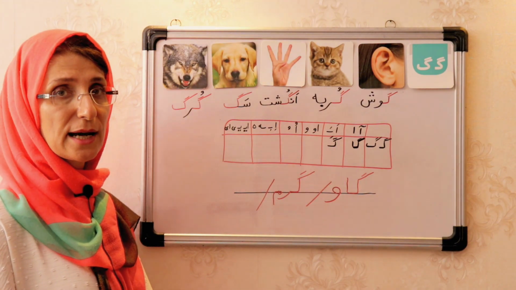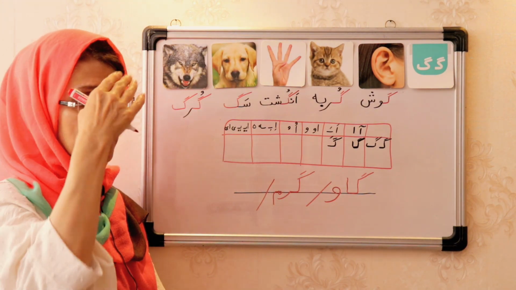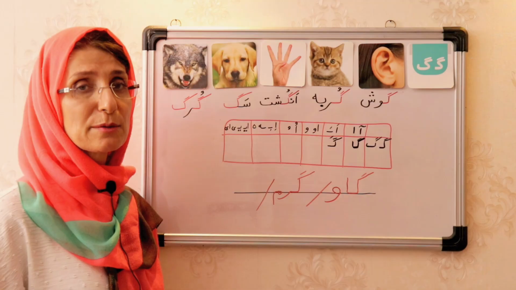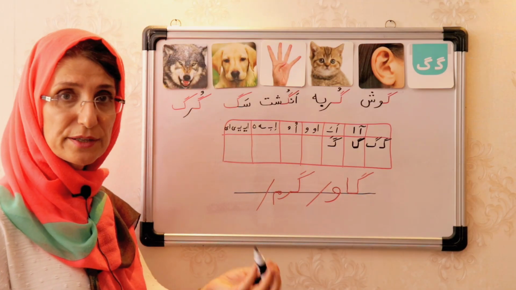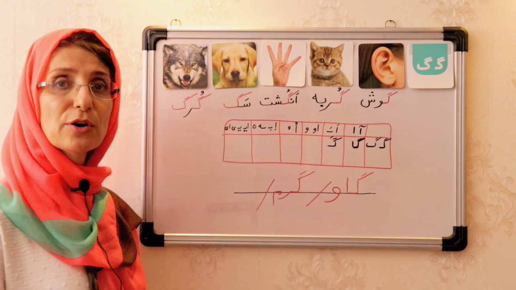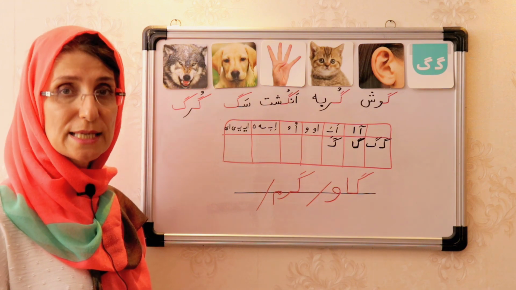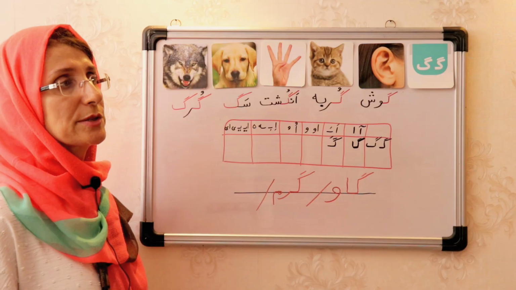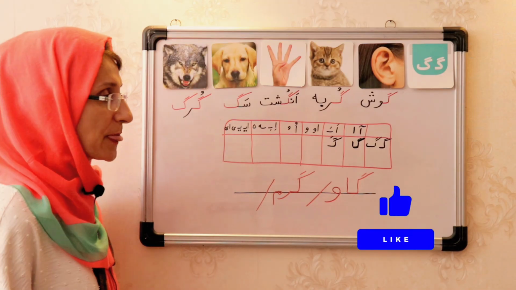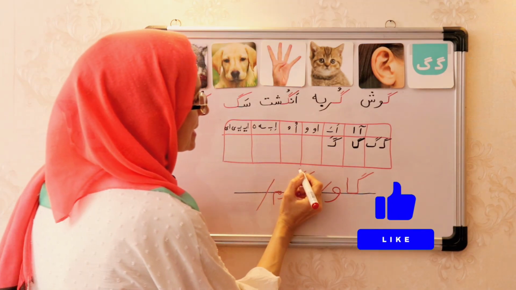For example, هوا گرمه. It's hot. The weather is hot. هوا گرمه. آب گرم means not boiling but warm water. گرم.